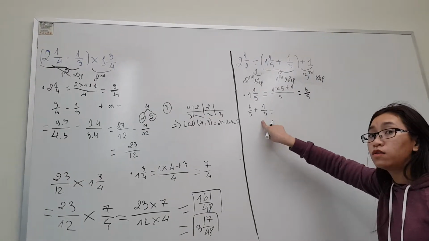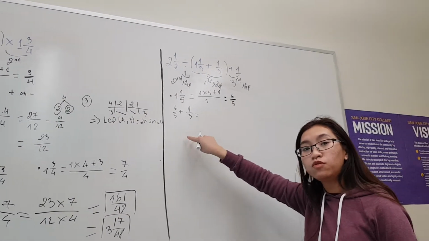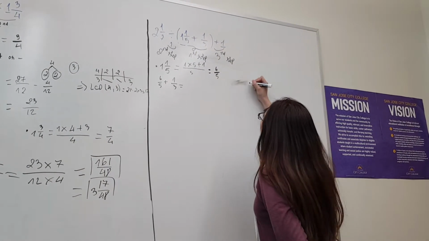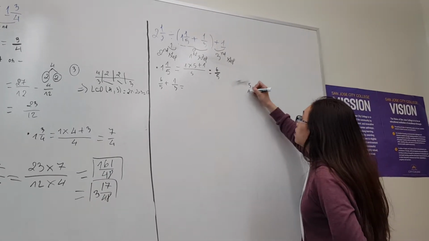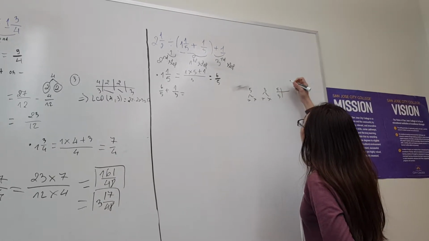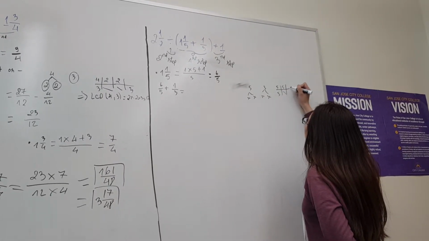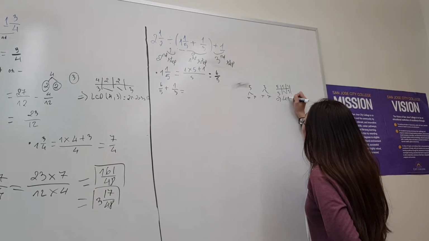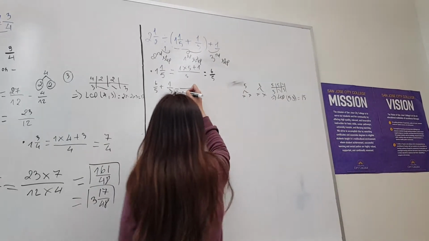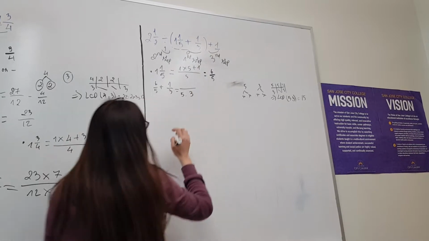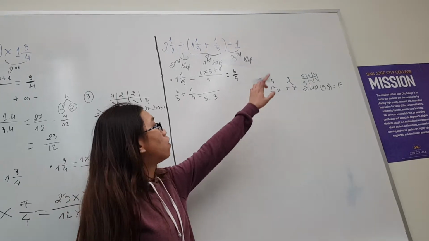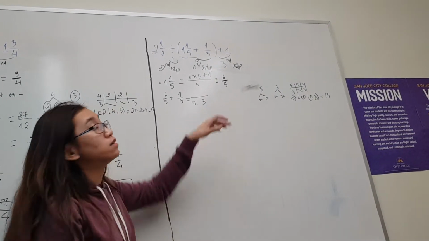Okay, LCD, how do you know? Just 15. 5 goes into 15, right? 3 is the same. How many times 5 equals 15? 3 times, right?